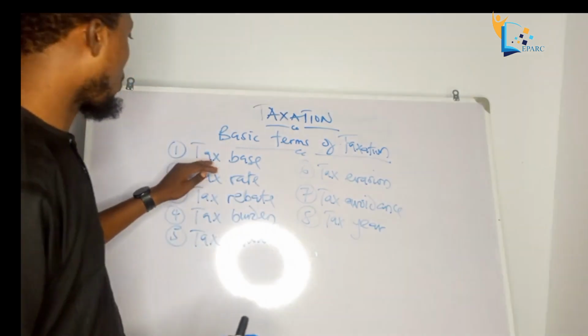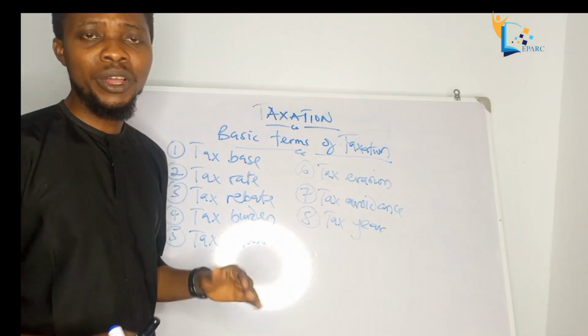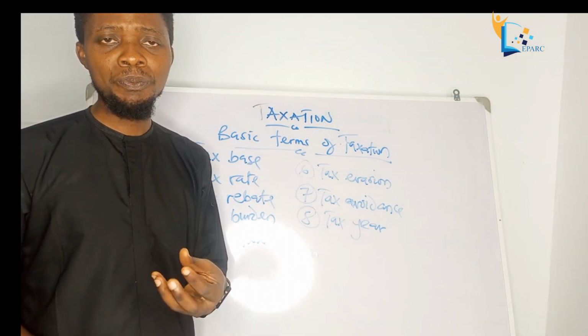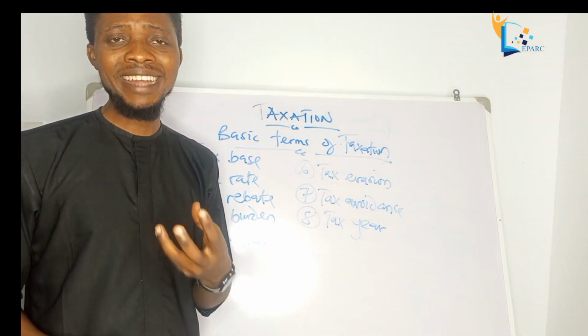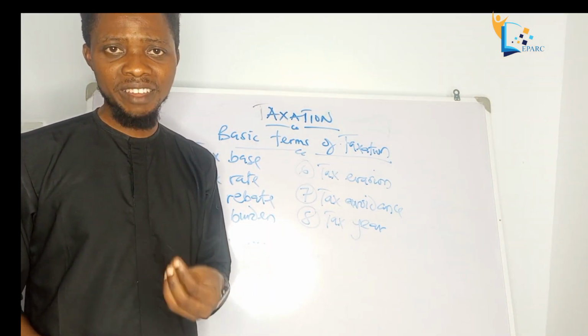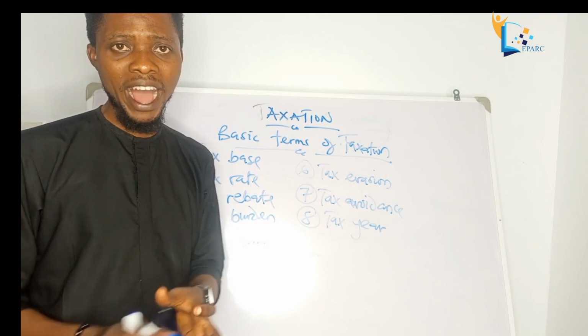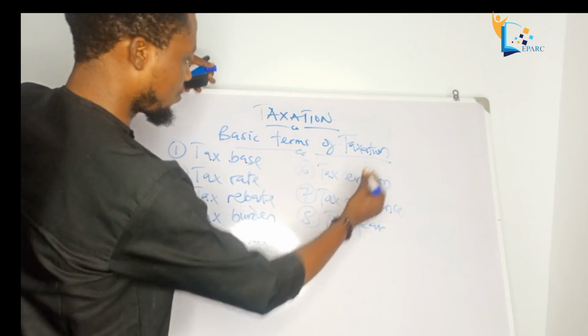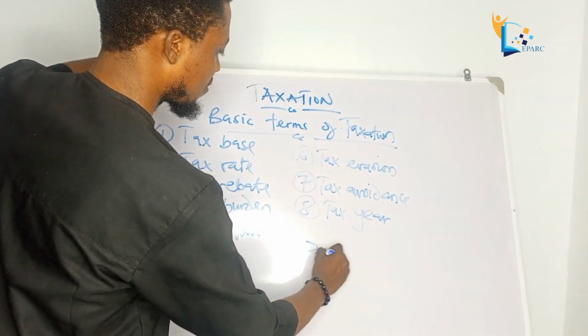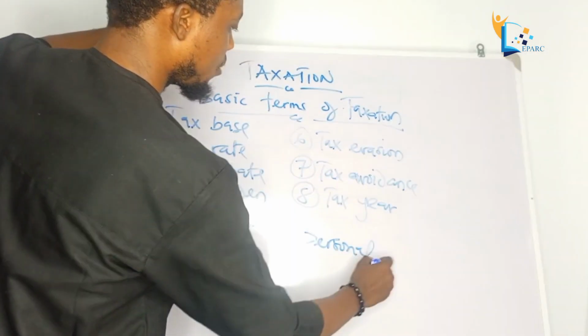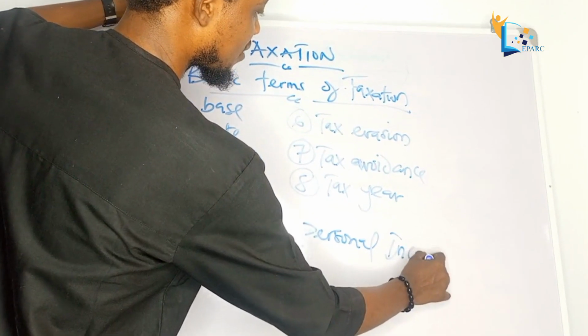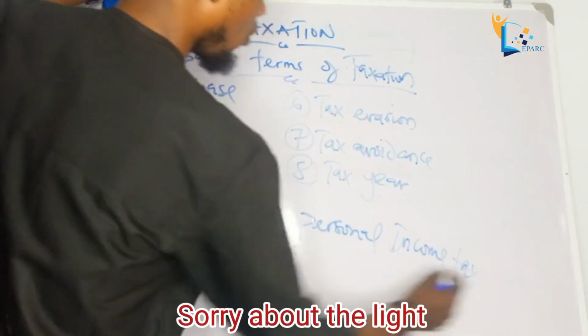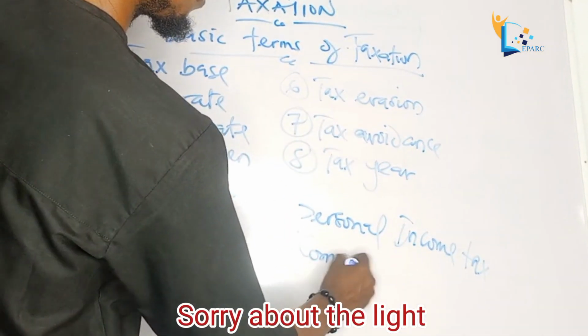Now, when we talk about tax base, we are talking about the object or the item on which tax is levied. For example, we have the personal income tax or the company profits.